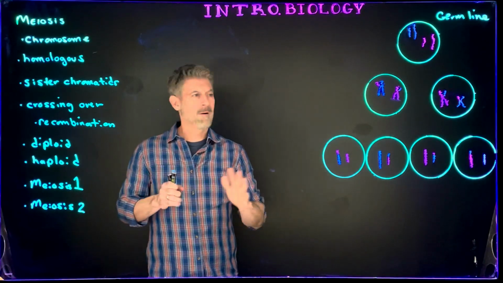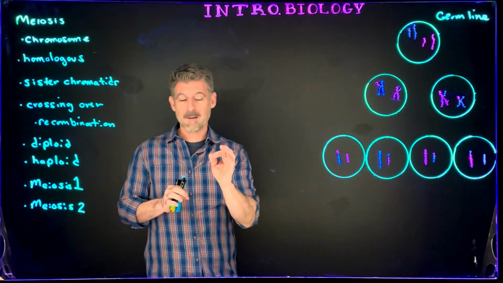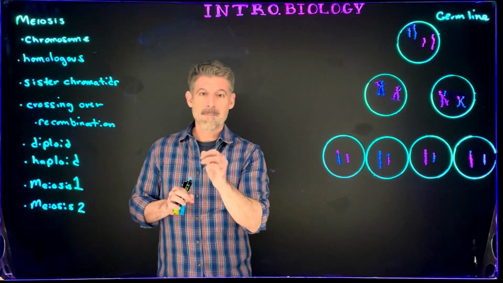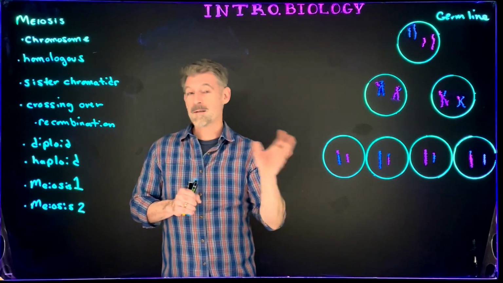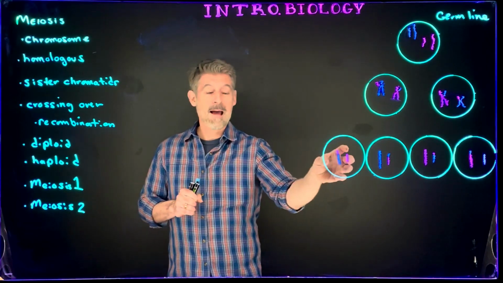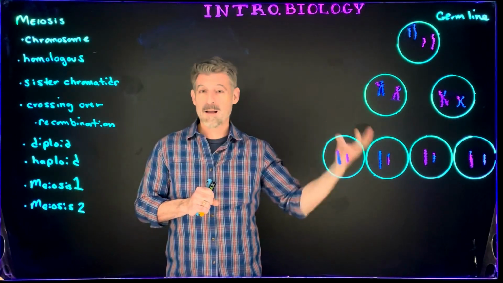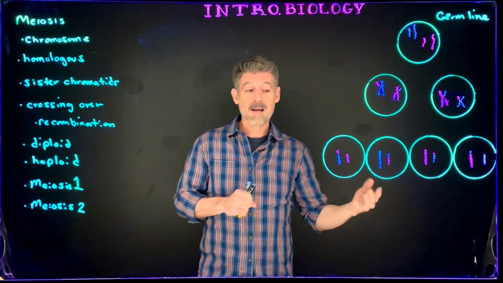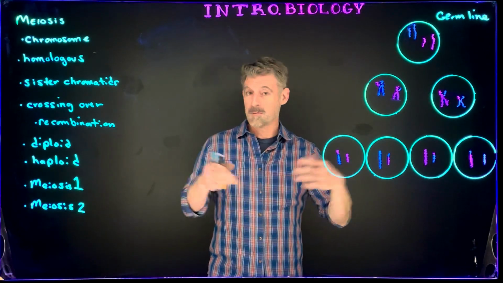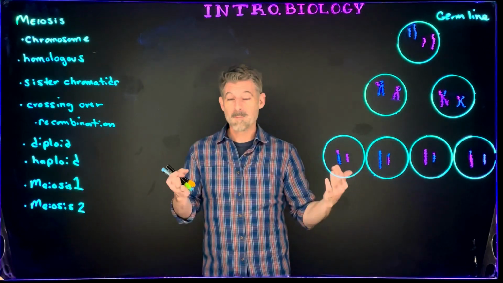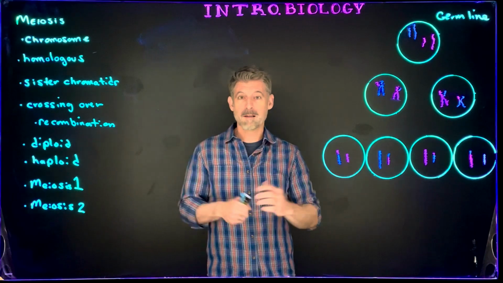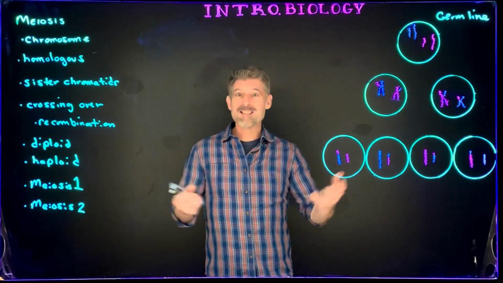So it's very weird, very different, but conceptually, the idea is going to be the same. There's going to be a meiosis process in fungi. It will create haploid cells with half the number of chromosomes. When it occurs, there's going to be a lot of genetic diversity created. And when that fusion occurs, which is called plasmogamy, which we'll get to later when we talk about fungi, it's like fertilization.